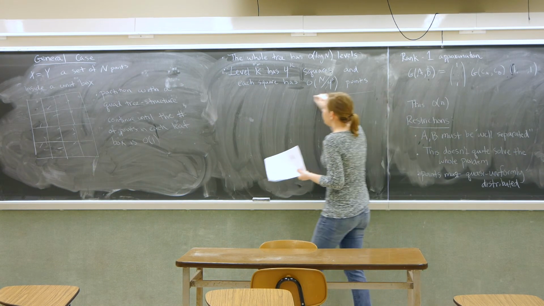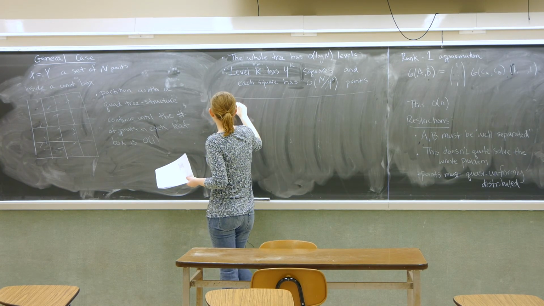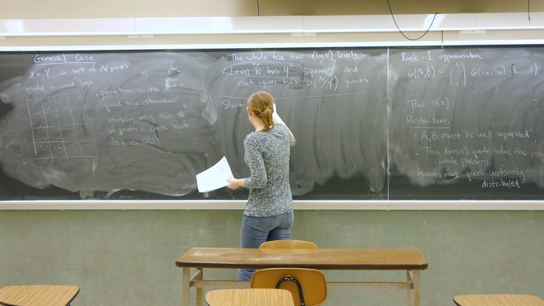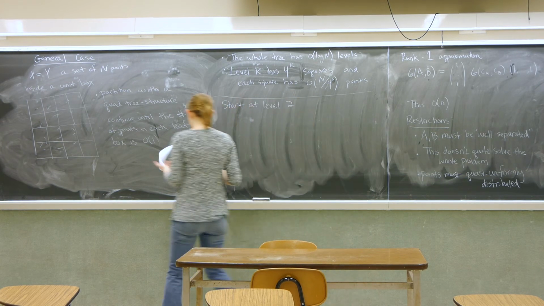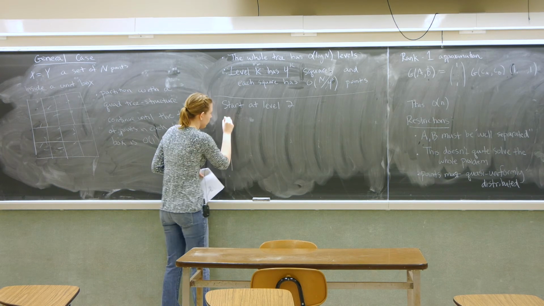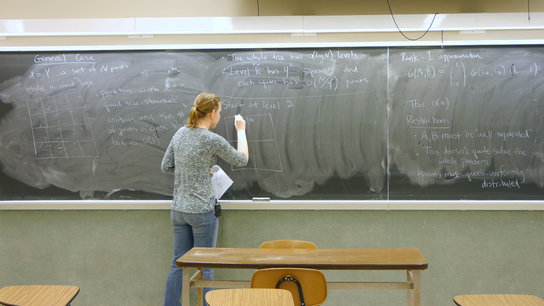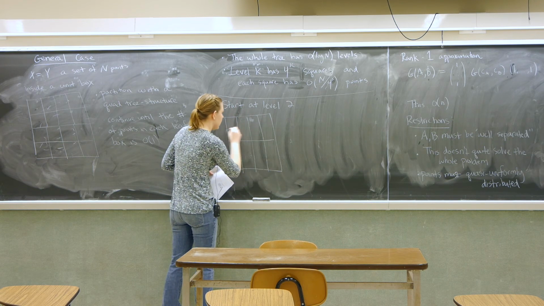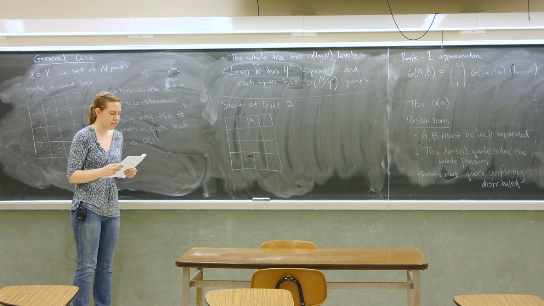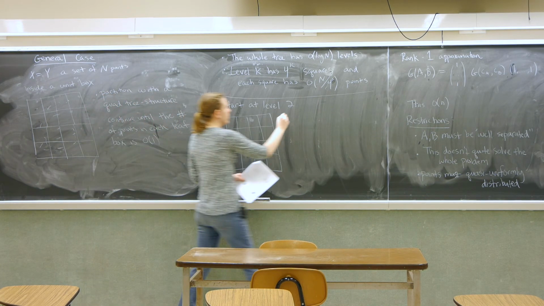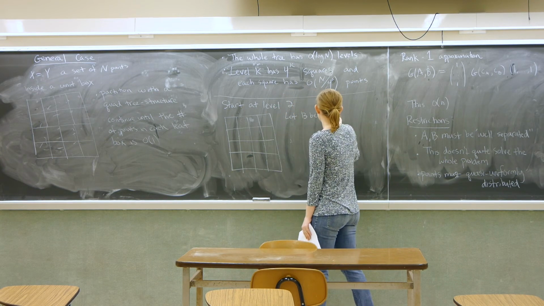Okay, so now let me start the algorithm like I wanted to. We start at level 2. So let B be a box, or square, in level 2.